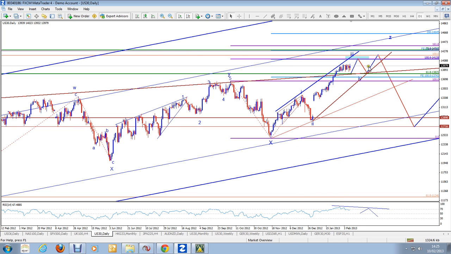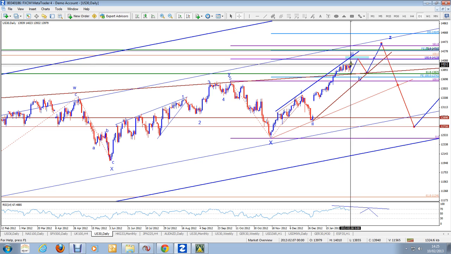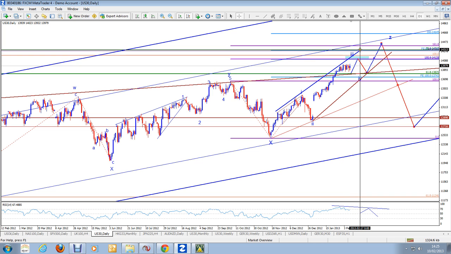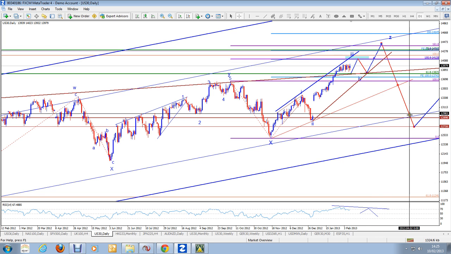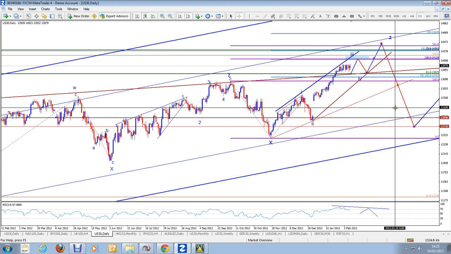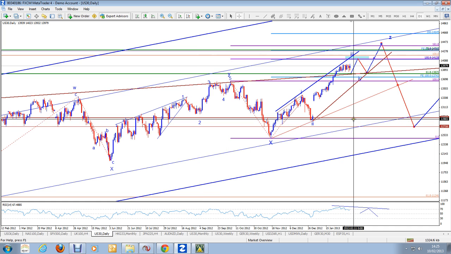So here it might look something like this. A small little congesting sideways, higher up to maybe 14,002, 14,003, then come back down, and then a final leg to 14,004, 14,005, from where we expect a reasonable retracement that could bring us all the way back to somewhere in the region of about 13,000 or so.